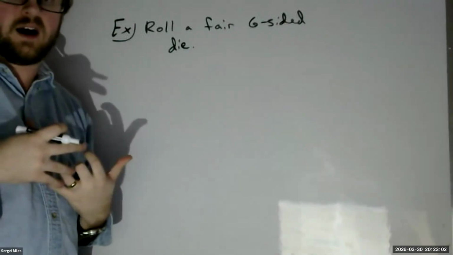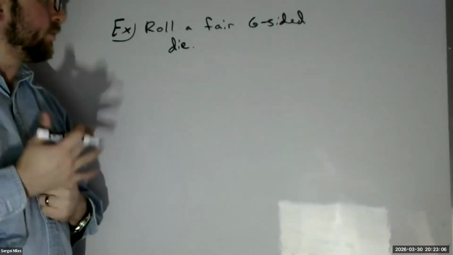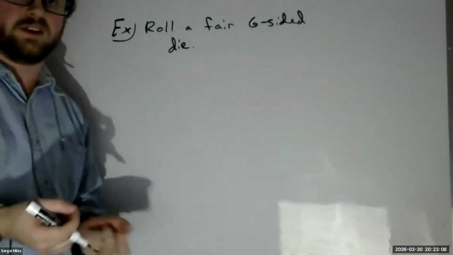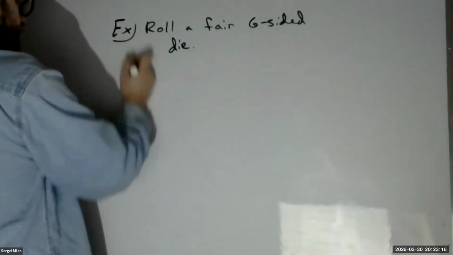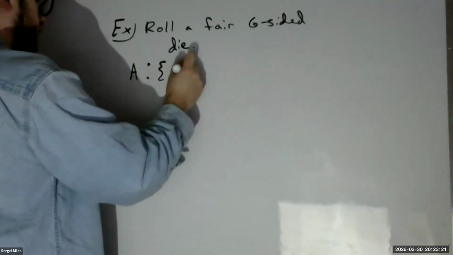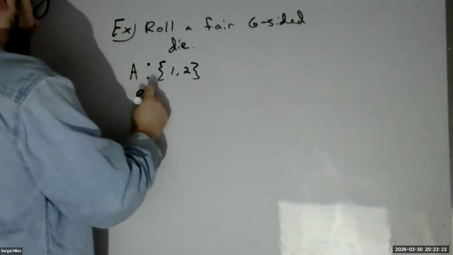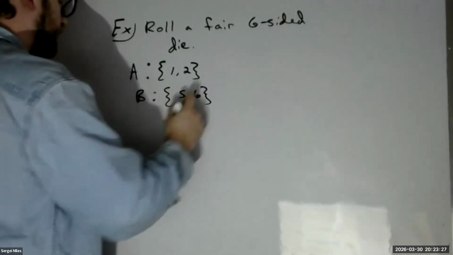And again, when I say fair, this means we assume that it's equally likely to be any number on the die, right? So we have this, and I could have different events here. Let's say A is the event that I get a 1 or a 2. And let's say that B is the event that we get a 5 or a 6.